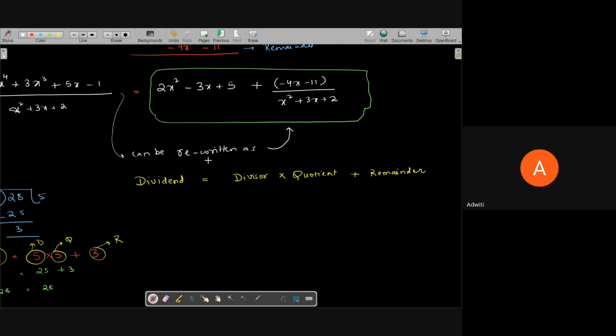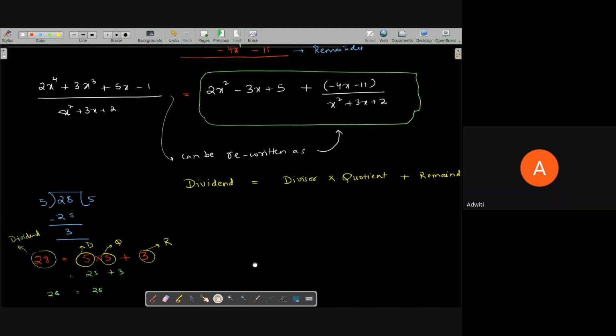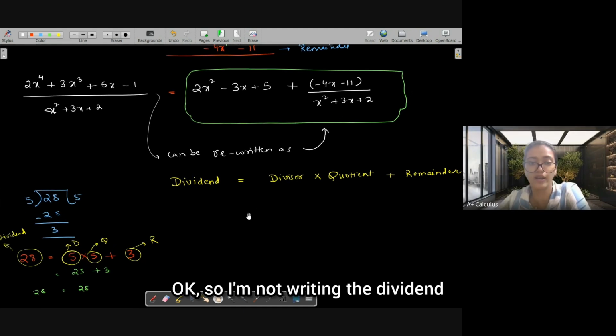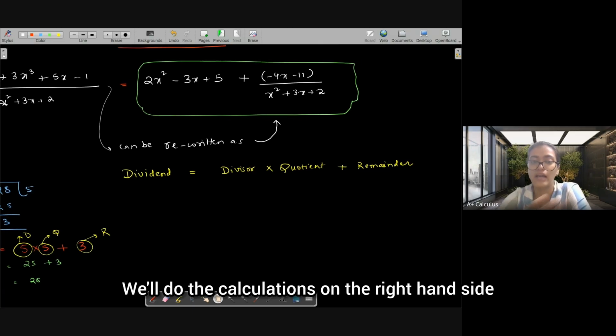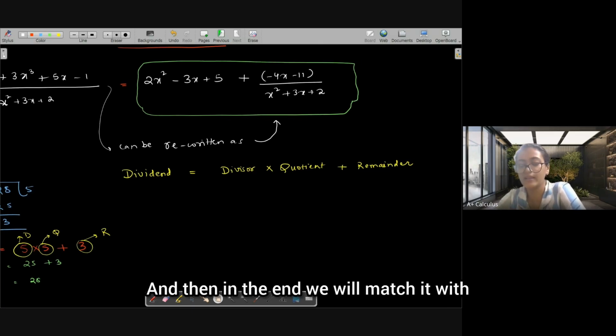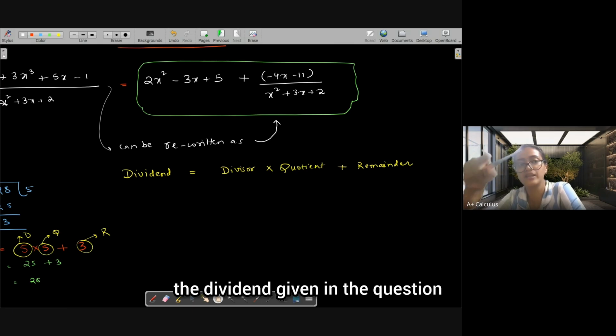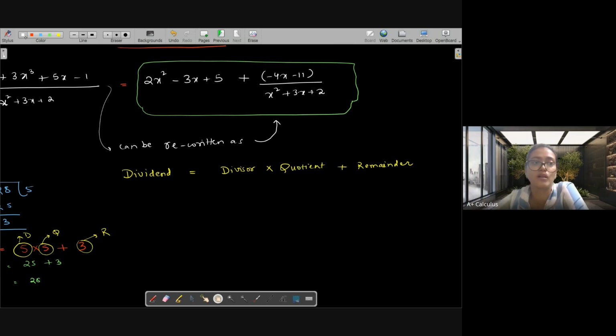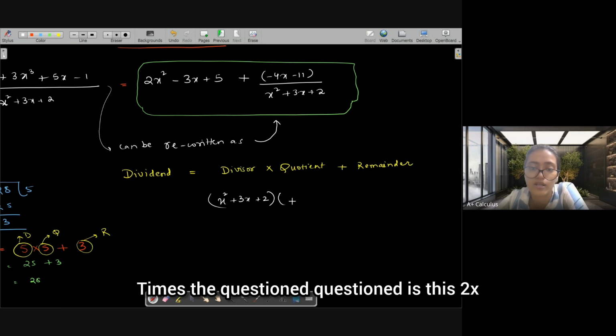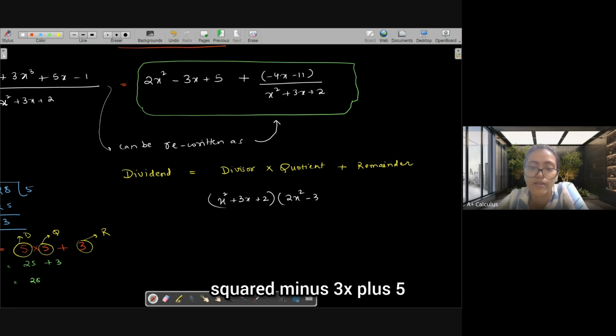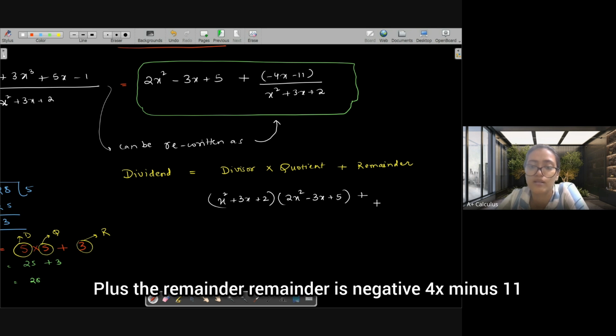I'm not writing the dividend. We'll do the calculations on the right-hand side, and then in the end, we will match it with the dividend given in the question. So the divisor was x squared plus 3x plus 2 times the quotient, which is 2x squared minus 3x plus 5, plus the remainder, negative 4x minus 11.